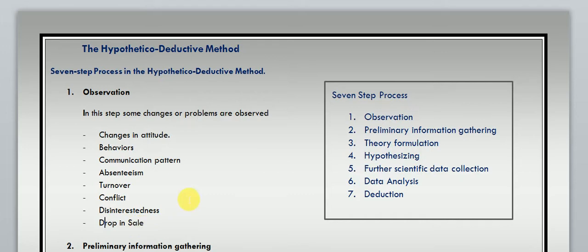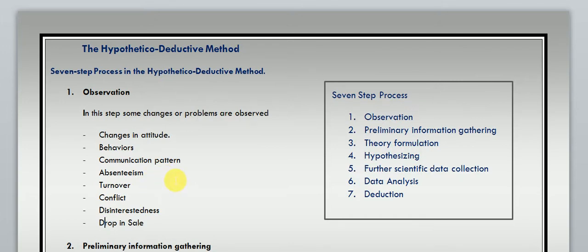Whatever kind of change we have, whether a change in attitude or behavior, a gap in communication, absenteeism, or conflict, in one way or another, directly or indirectly, it affects the performance of a business, its output, productivity, or efficiency.